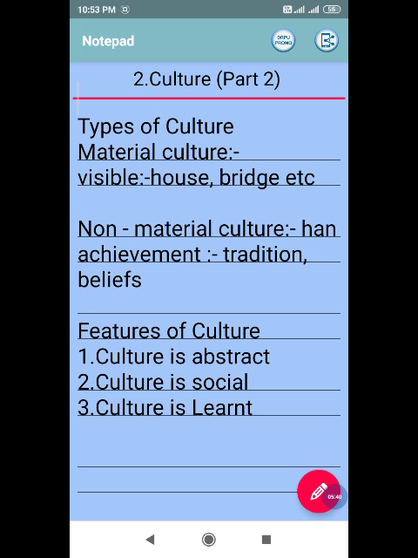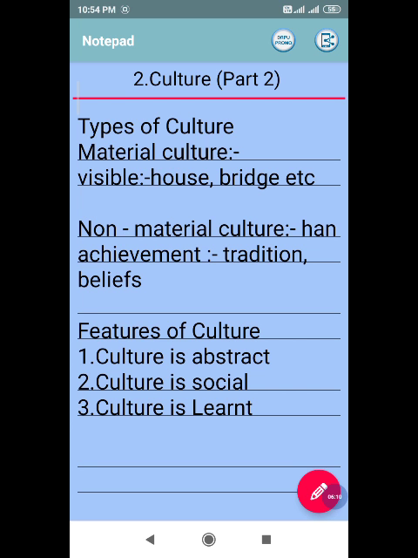Then students, second point, culture is social. Culture includes human behavior. It is the lifestyle of the people. So culture is not personal. This is not regarding one person. It means sharing a community's way of life, food, dress, ritual, and living with them.